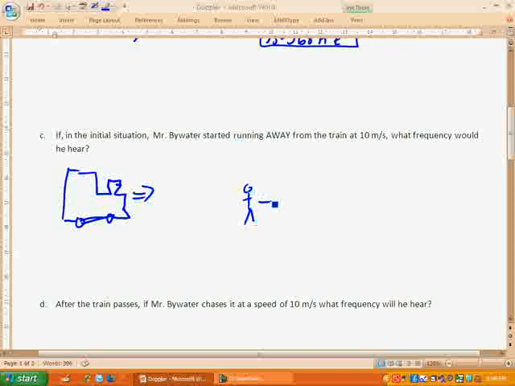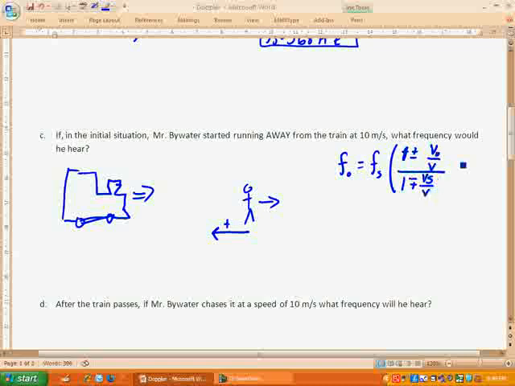Now, even though I'm moving, we still consider the observer towards the source as being positive. So we can still use that same equation. Frequency of the observer equals frequency of the source times 1 plus or minus the velocity of the observer over the velocity of the sound, divided by 1 minus or plus the velocity of the source divided by the velocity of the sound.